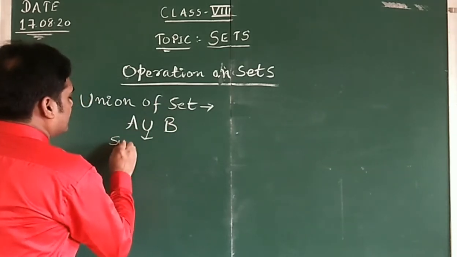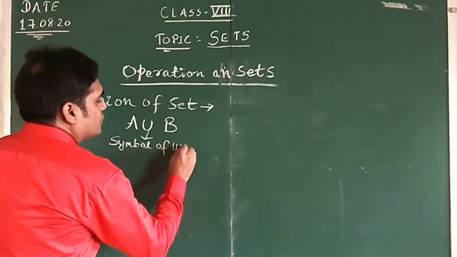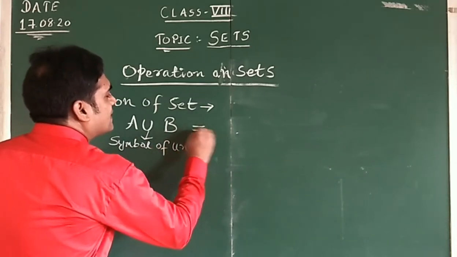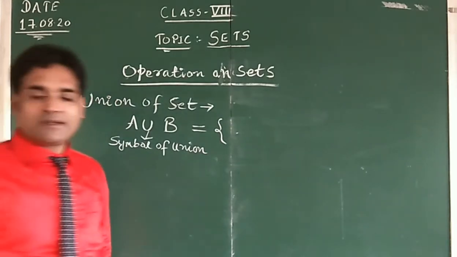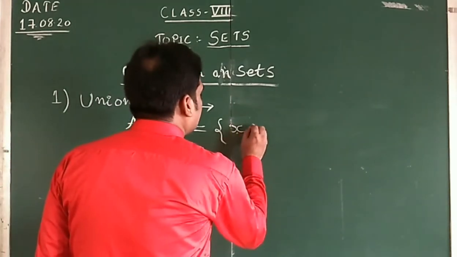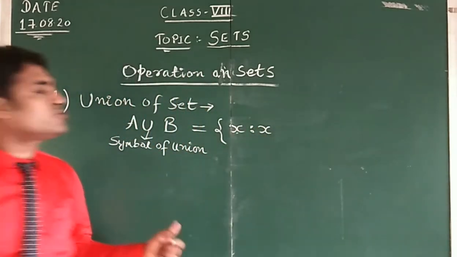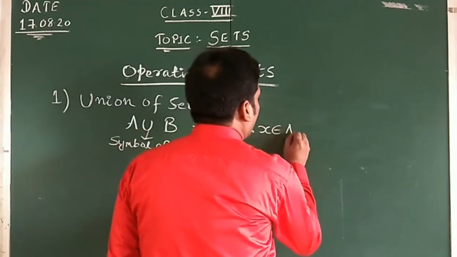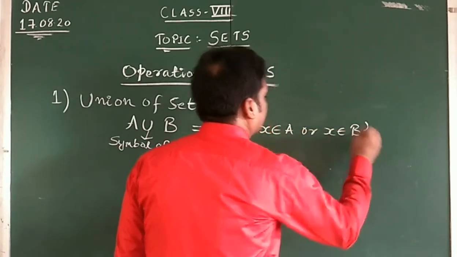So what is A union B? It is actually the set of x such that x belongs to A or x belongs to B.